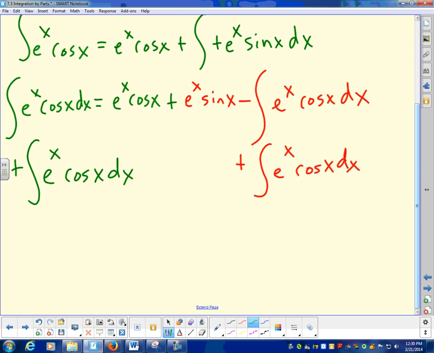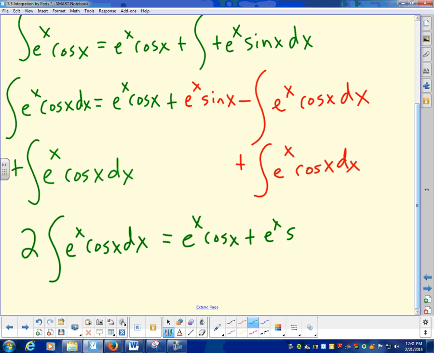And we solve for smiley face by dividing by 2. So I have 2 smiley face equals e to the x cosine of x plus e to the x sine of x.